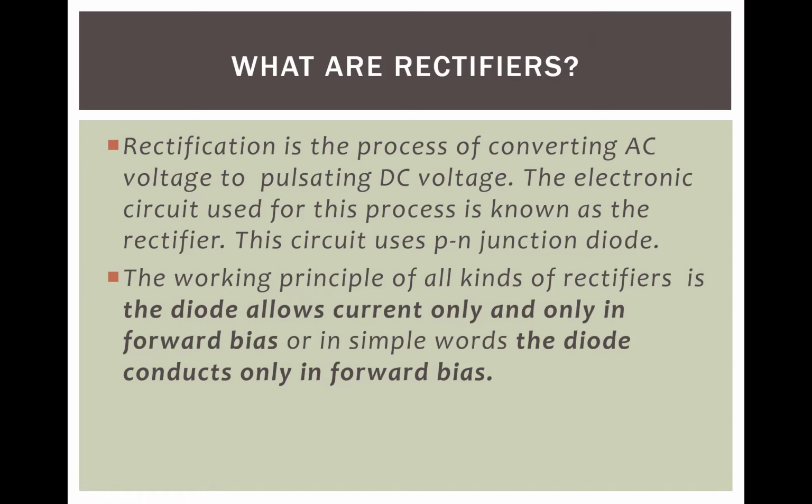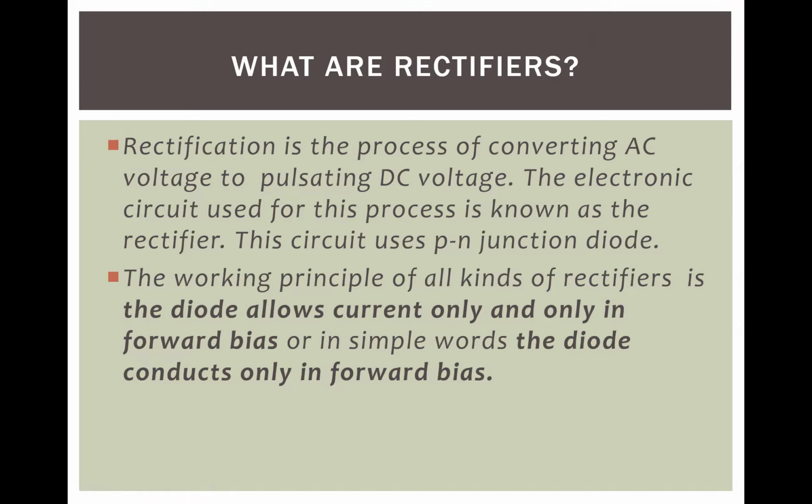Here, the rectifier doesn't convert AC into pure DC. There is a difference between pure DC and pulsating DC voltage. The rectifier will convert AC into pulsating DC voltage only. After that, by using some filtering device, we need to convert the pulsating DC into pure DC, because we actually need to use pure DC voltage.